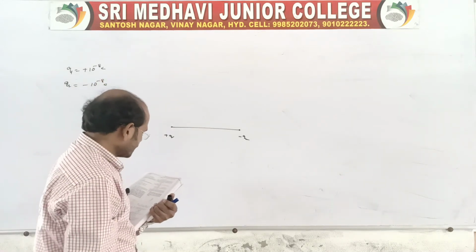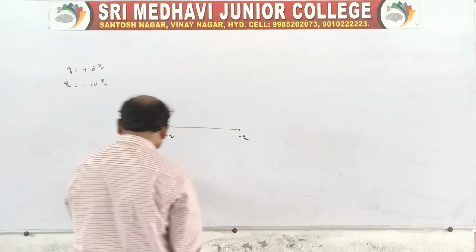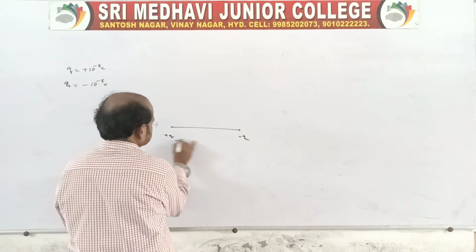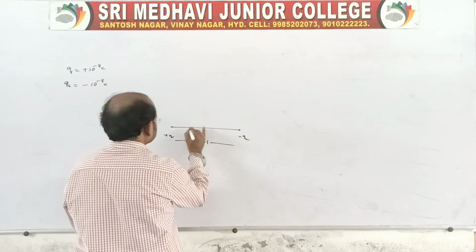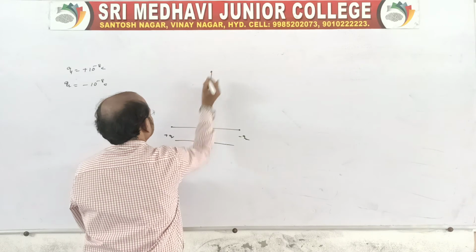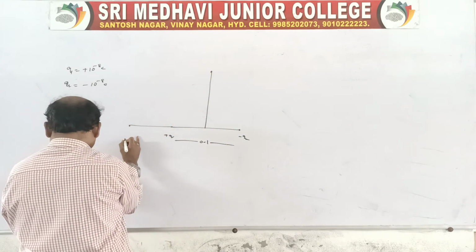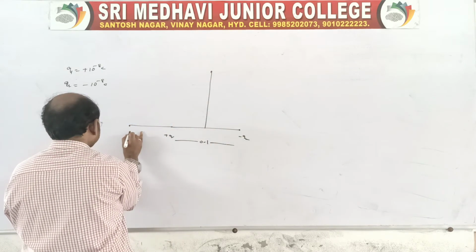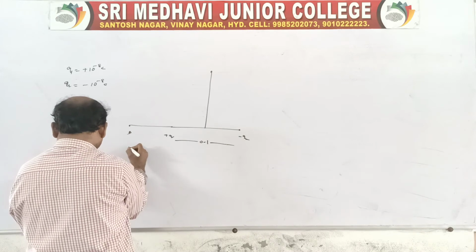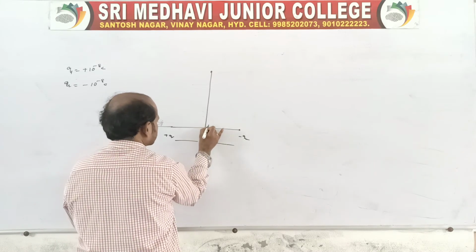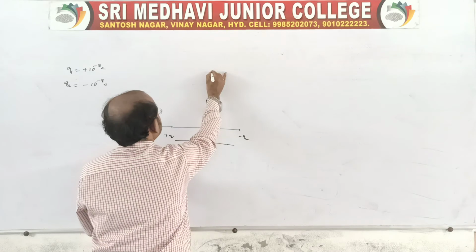They are placed at a distance of 0.1 meter apart. Here it is point A, point C, and point B. He is asking at point A and also at point C.